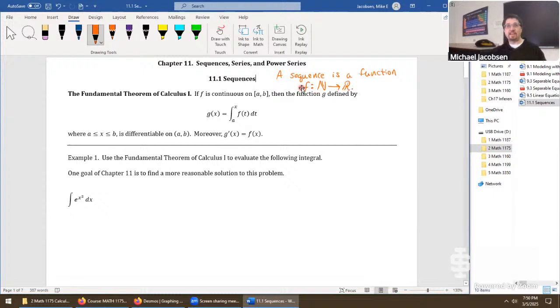So here what I'm saying is f is the function, the domain is 1, 2, 3, 4, 5, the ordinary natural counting numbers. The range is any real number whatsoever. So that's what we mean by a sequence.